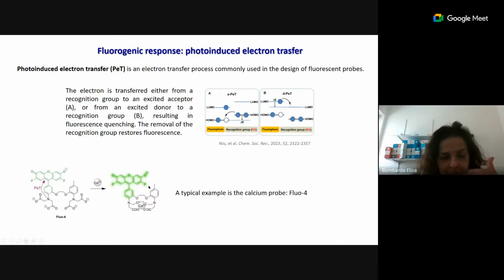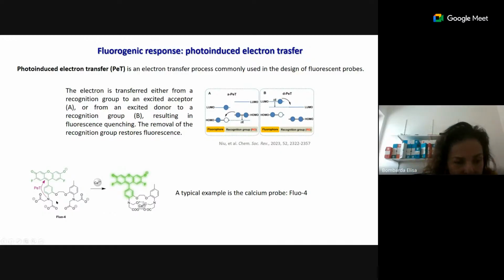Well, this is the way in which, for example, this very known fluorescence probe is working. That is fluorophore, which is a calcium probe. So it's detecting the presence of calcium.